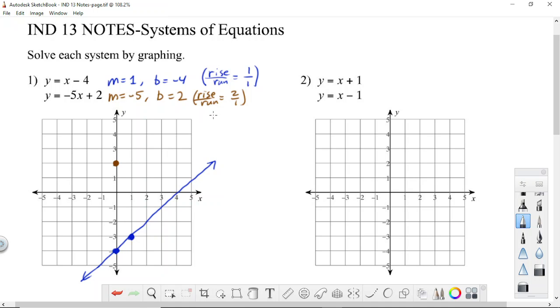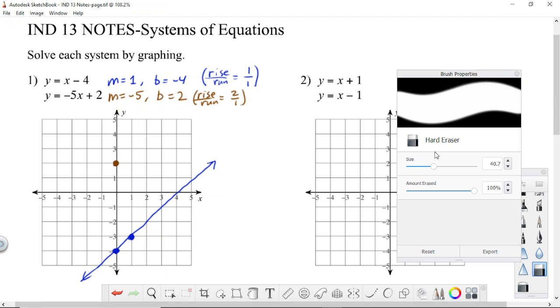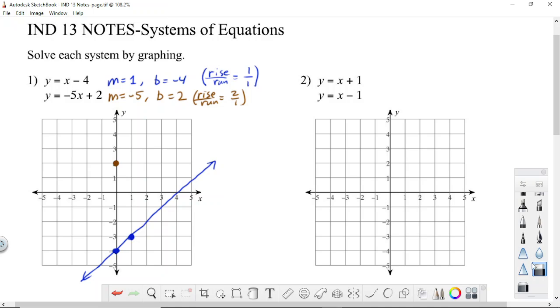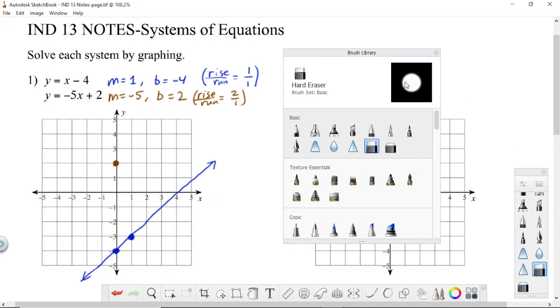Oh, I wrote the slope down wrong. Sorry about that. Go back and erase that. Oh, that's not right. We'll get it.